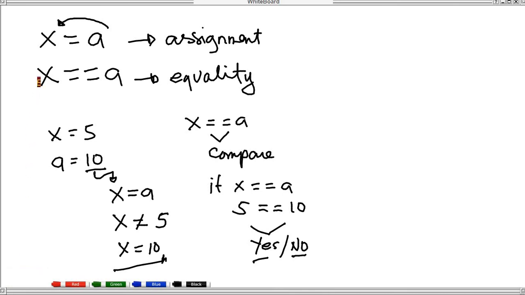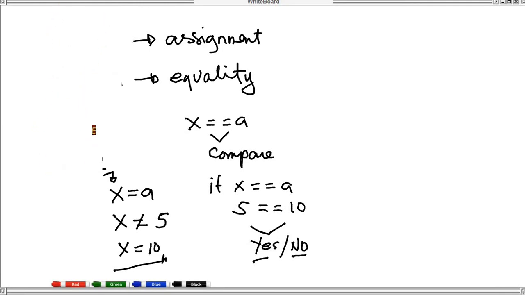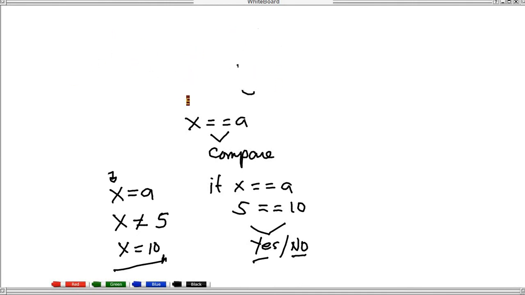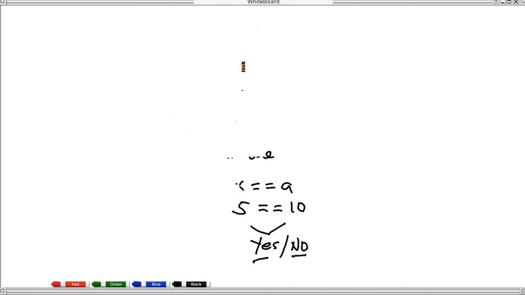Now, another, what do you call this one? Arithmetic operator, that I am going to emphasize is the use of the modulus and the increment and decrement.